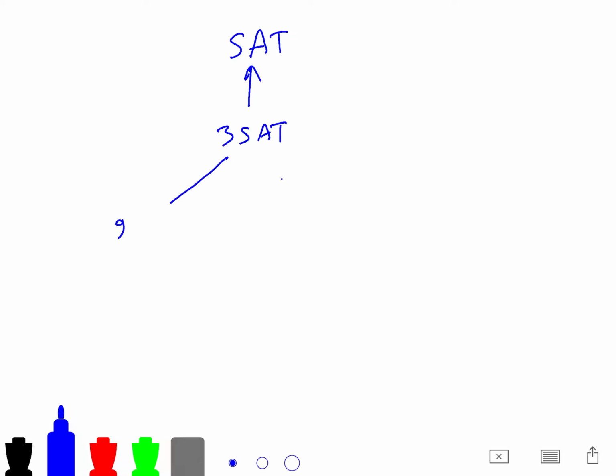And this could be graph coloring. This could be vertex cover. That's why vertex cover is very important, because if you solve it, then you can understand many other problems as well.